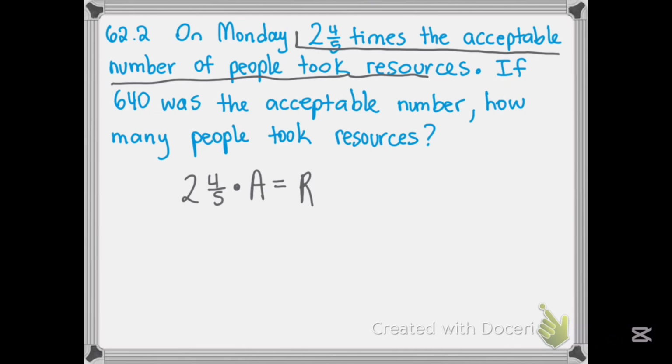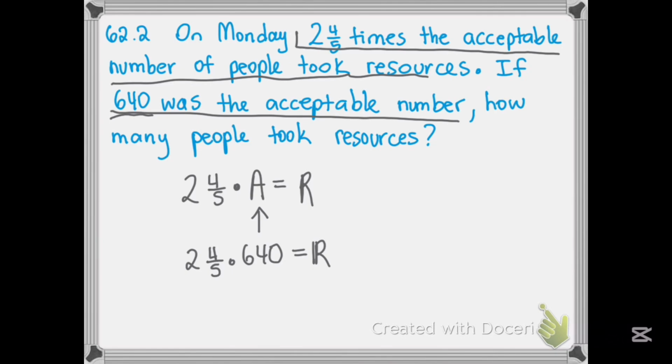Then it says, if 640 was the acceptable number, so they're either going to give you the acceptable number or the resources. In this case, they gave us the acceptable number. So we have to just multiply 2 4/5 times 640 because we change the information they give us, 640, in the formula.